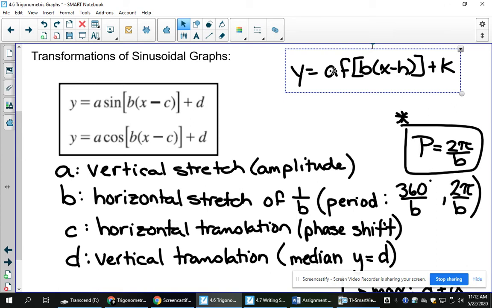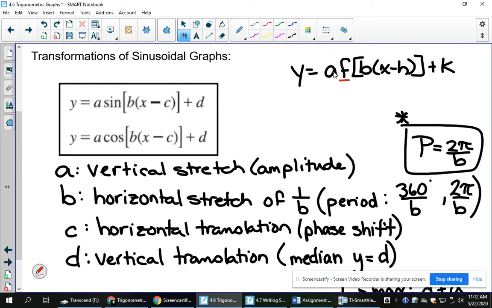We've seen that, we've used it before. We're just literally in this unit, instead of saying it can be any function, we're saying it's either a sine function or a cosine function. That's the only difference. And when we're talking about sinusoidal functions, we give things like the vertical stretch and horizontal stretch different specific names. So here we go.